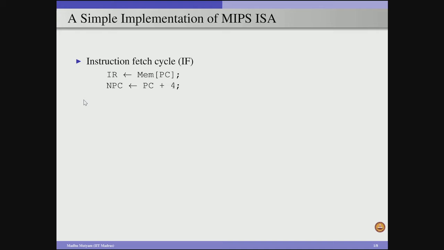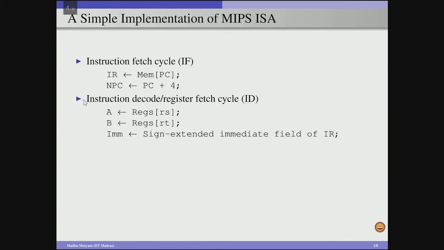And once the instruction fetch cycle is completed, the next one is instruction decode. As we discussed earlier, in the instruction decode, we also perform a register read operation. So, once the instruction is decoded, we know what is the type of instruction it is, and we also know the addressing modes. And parallelly, in the register fetch phase, we are going to read the contents from the register file from a location specified by this RS and RT.